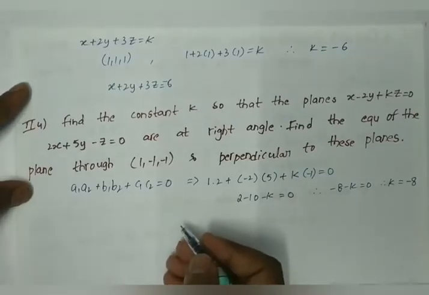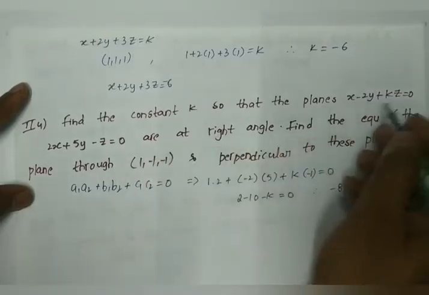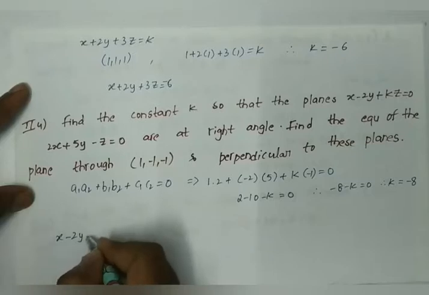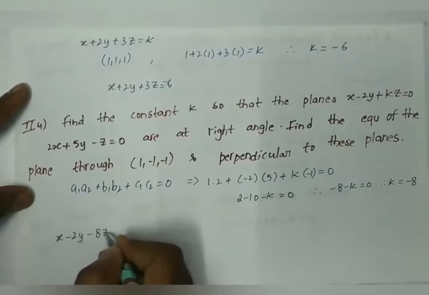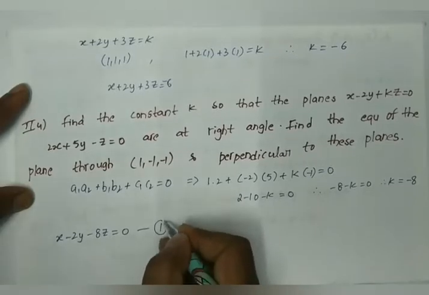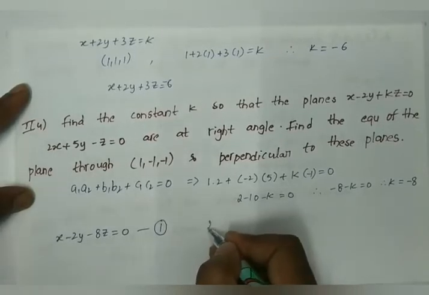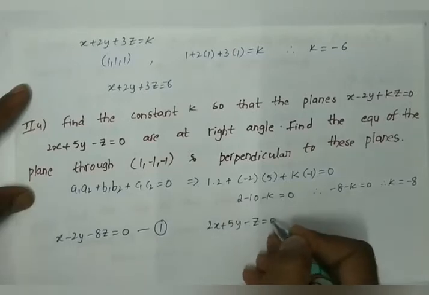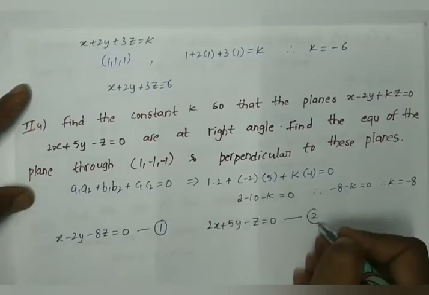So the given planes become x minus 2y minus 8z is equal to 0, let us name this equation 1, and 2x plus 5y minus z is equal to 0, let us name this equation 2.